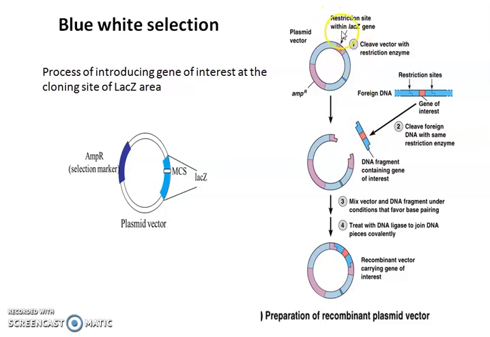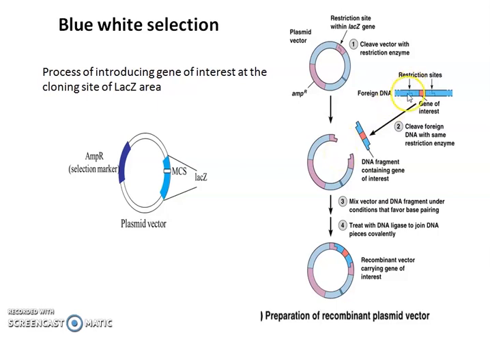The restriction site is the area in the lacZ gene for a particular enzyme to cleave. You have this plasmid vector with the lacZ gene and here the ampicillin resistance gene. So you cleave it with a restriction enzyme, say EcoRI. So the gene is disrupted. It will create a space like this.